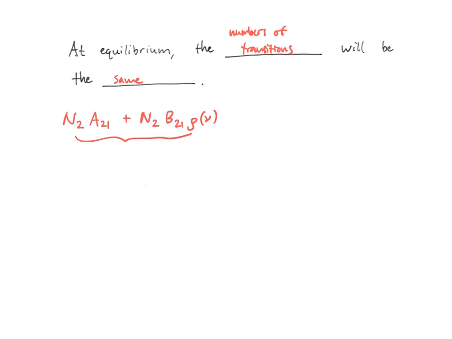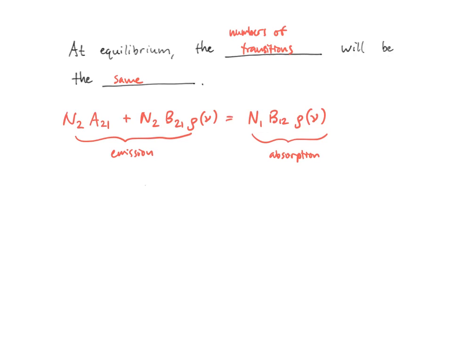These are the numbers of systems transitioning due to emission, both spontaneous and stimulated emission, and they are going to equal the number of atoms that are transitioning due to absorption. So they're going to equal N1 B12 rho nu, like that. And this is the transitions due to absorption.